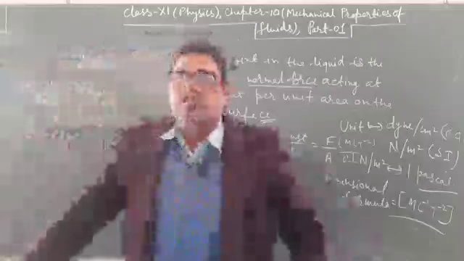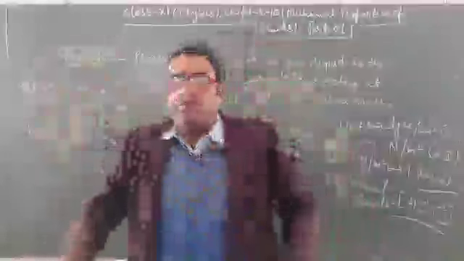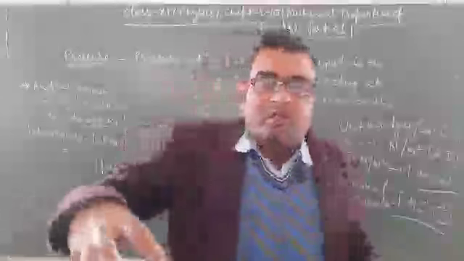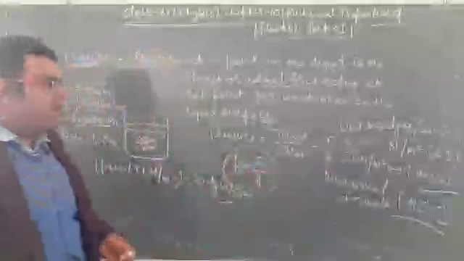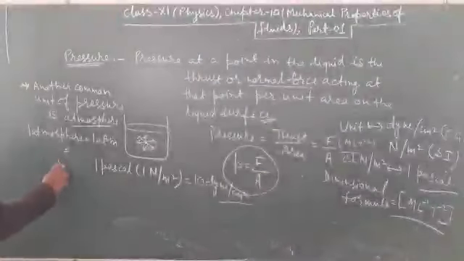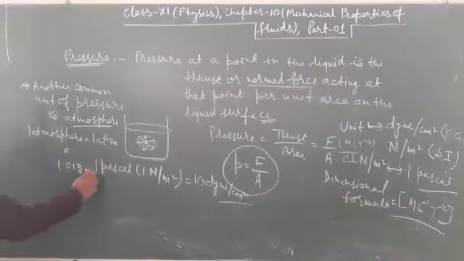It means whatever pressure is exerted by the atmosphere on the unit area at sea level, that pressure is called 1 atm, and 1 atm is equal to 1.013 into 10 to the power 5 Pascal.